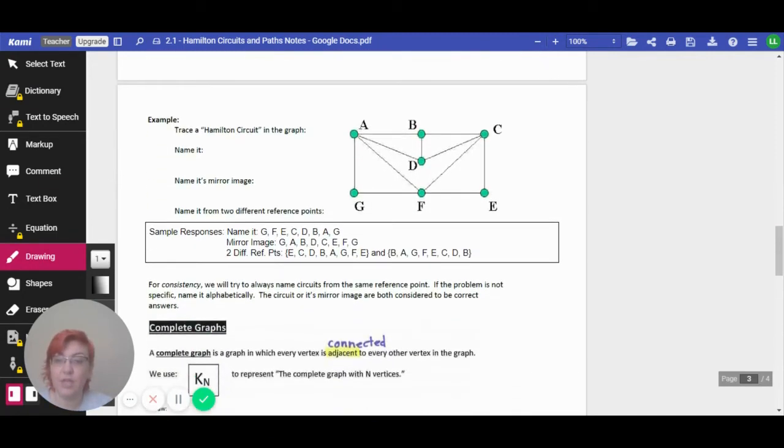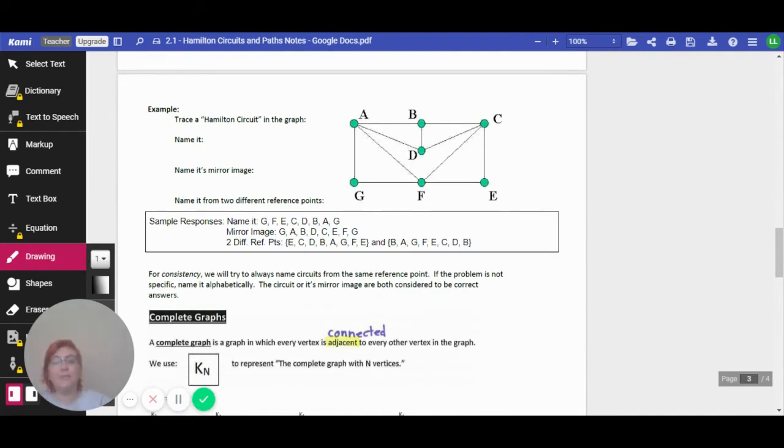So, looking here, we can look for a Hamilton circuit in the graph. All right, let's look at the one that he did here in the sample response. G, F, E, C, D, B, A, G. That's a great Hamilton circuit because it visits every vertex once.